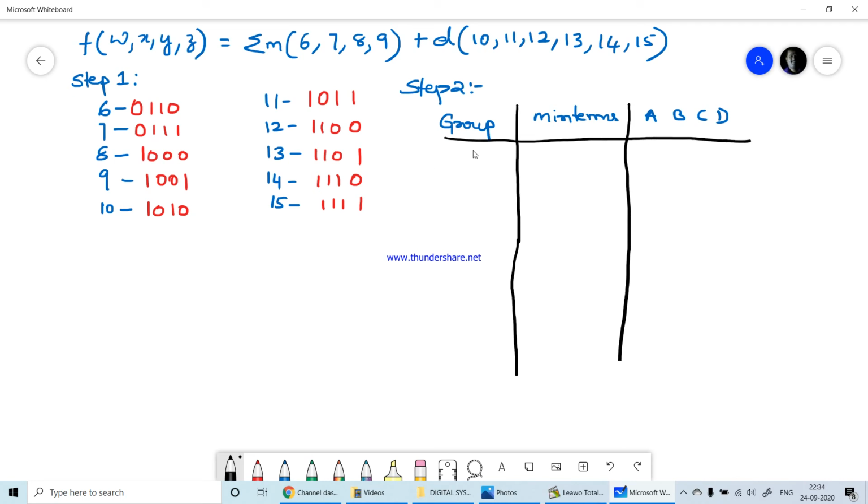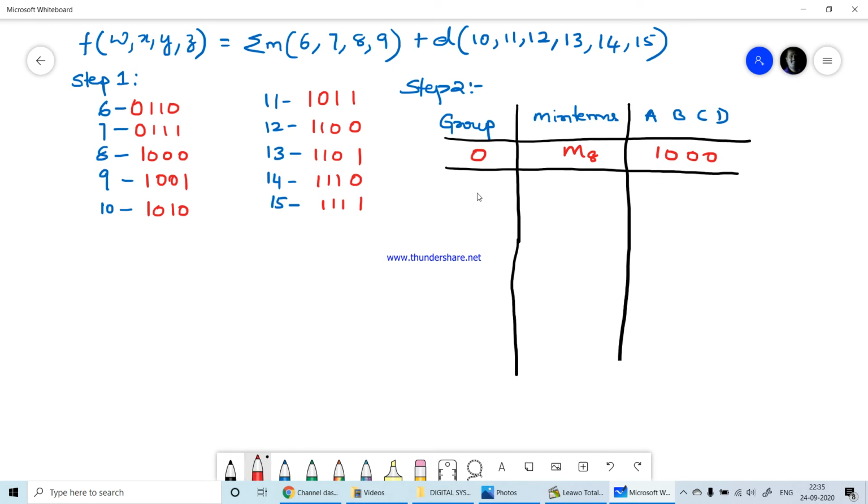Coming to group 0, I don't have 0 here, so I'll see a 1-bit sequence difference. So only one 1 in the binary sequence. So I have only M8 here, which is 1, 0, 0, 0. So that is group 0.